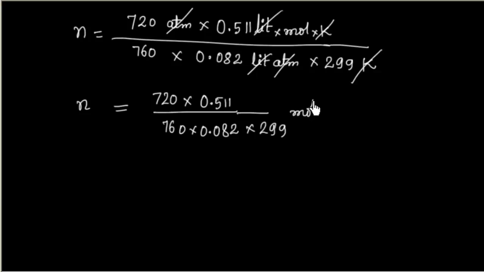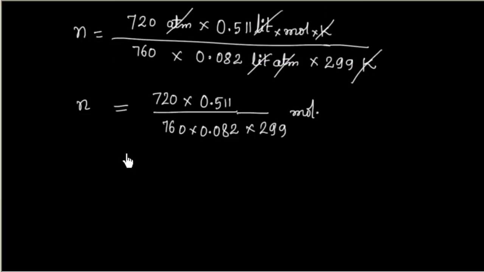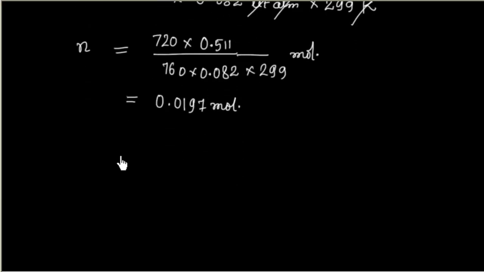So if we use a calculator, we have 720 multiplied by 0.511, divided by 760 multiplied by 0.082 multiplied by 299. This gives you 0.0197 mole. So this is the mole of nitrogen.